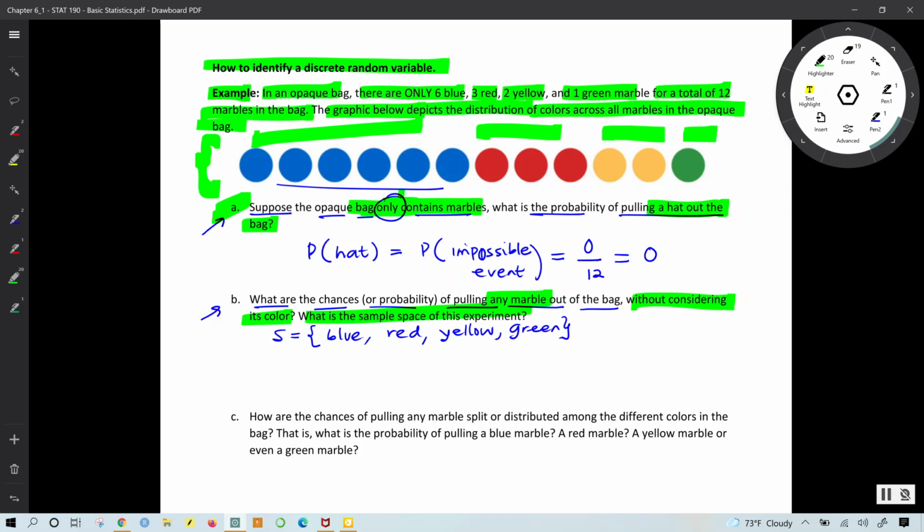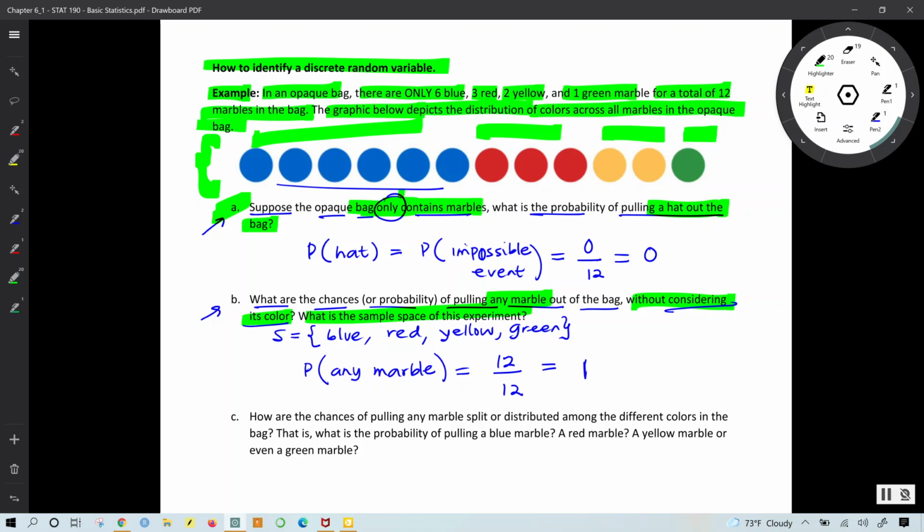Then, looking at the probability of pulling just about any marble without any consideration for the color, I stand a 12 out of 12 chance, which is equal to 1. That is, since the bag only contains marbles, pulling any marble stands what? A certain chance of occurring.